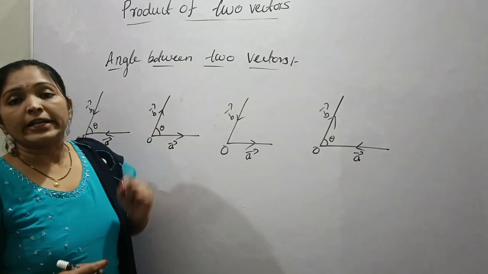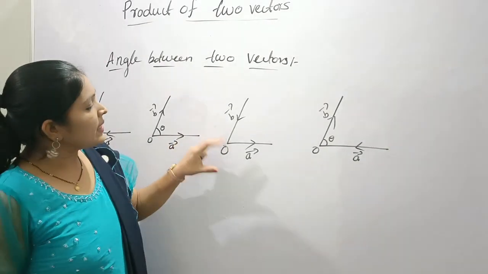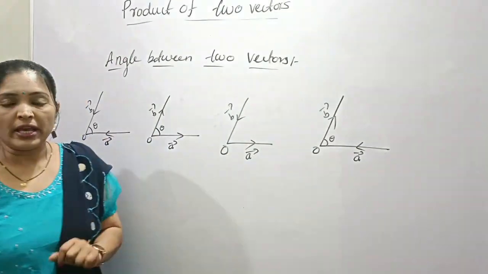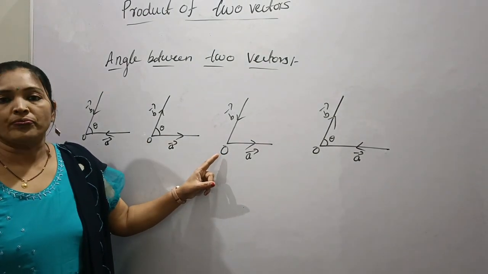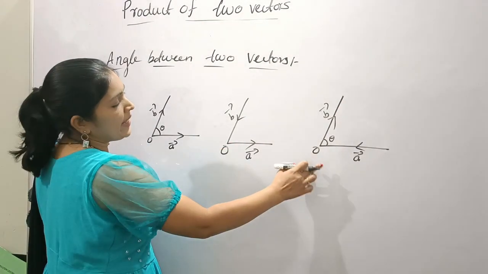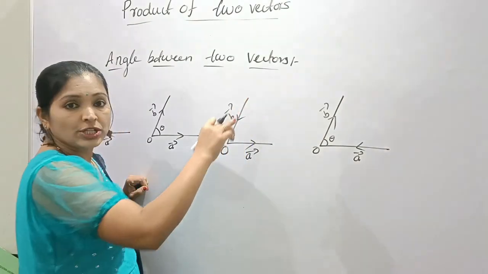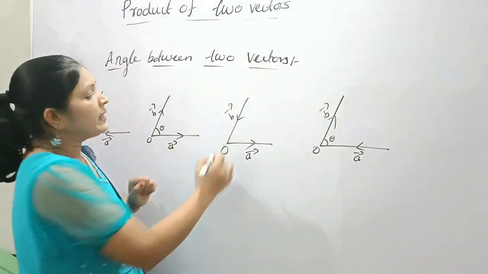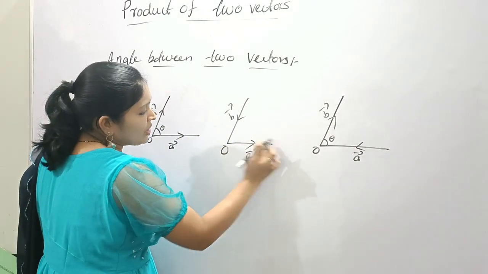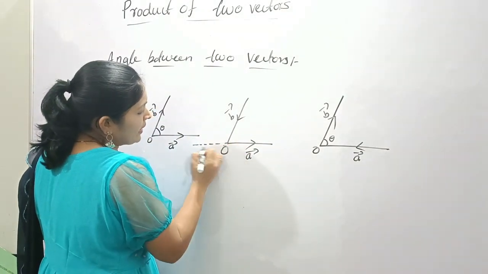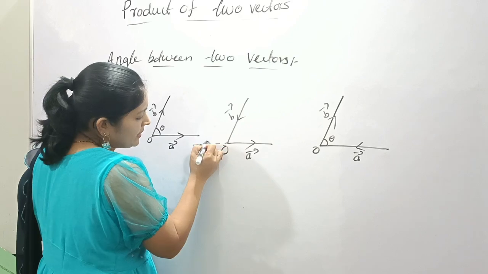Okay. What about the third one? Here vector A and vector B neither converge to O nor diverge from O. Right? See, vector A is in this direction, vector B is in the opposite direction. Therefore, here theta is not the angle between them. So it is vector A, in this direction.